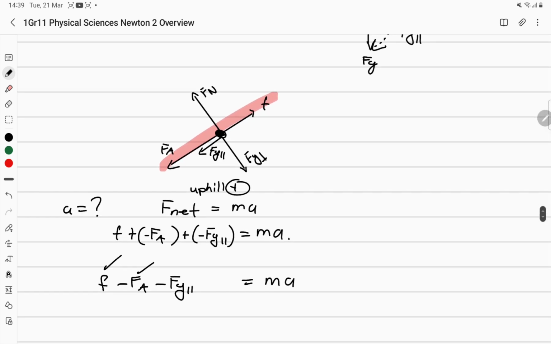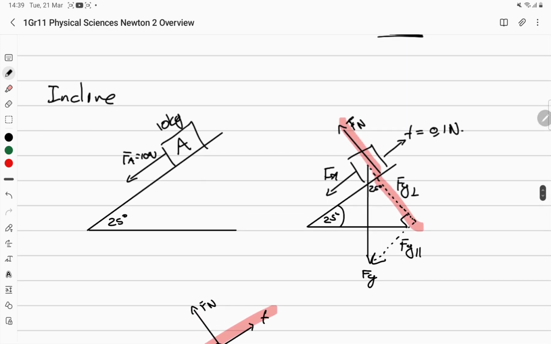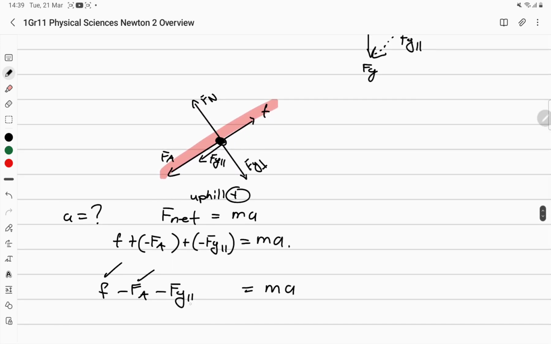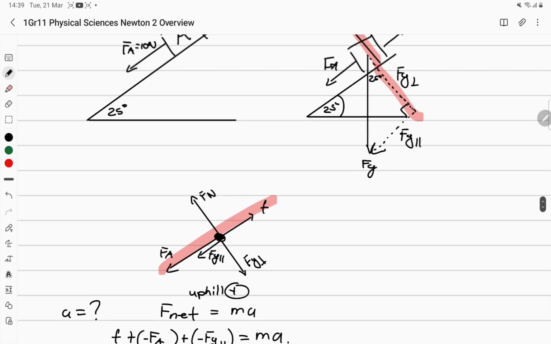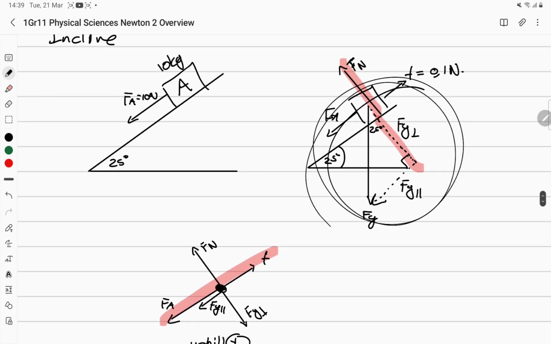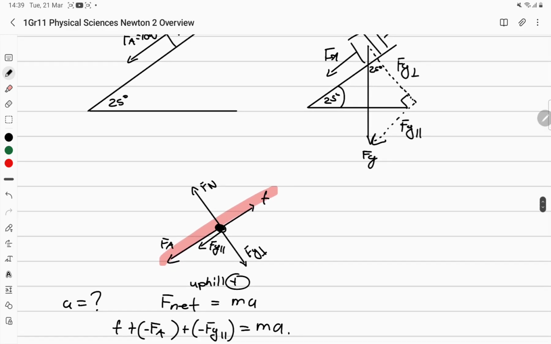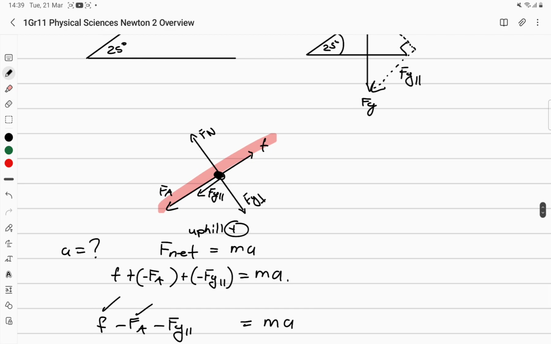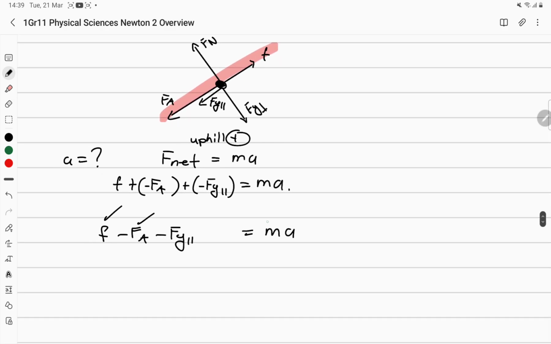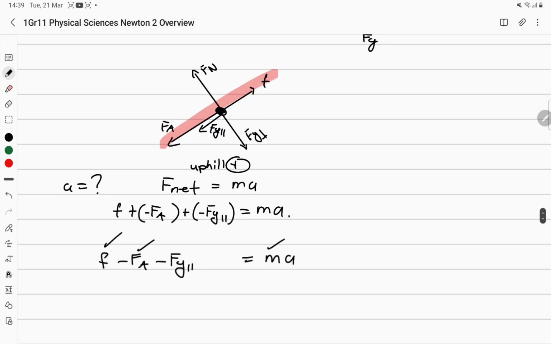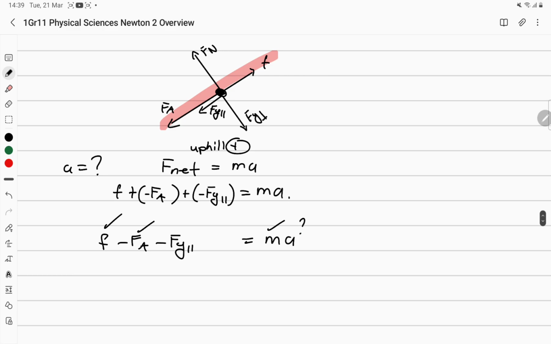So friction is 0.1. F applied is then 10 newtons. And FG parallel, we kind of have to use some trig by that triangle of that force diagram we drew over there, the pseudo force diagram. And we know the mass of the object, which was 10 kilograms. We want acceleration, so we can determine this with trig.